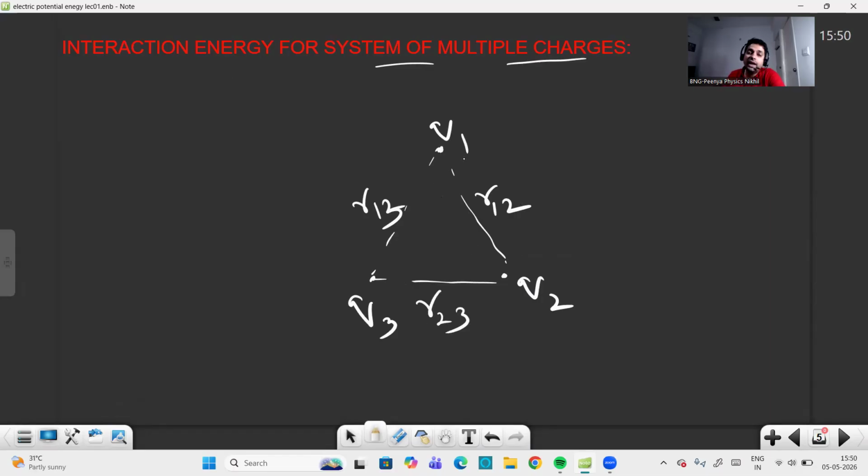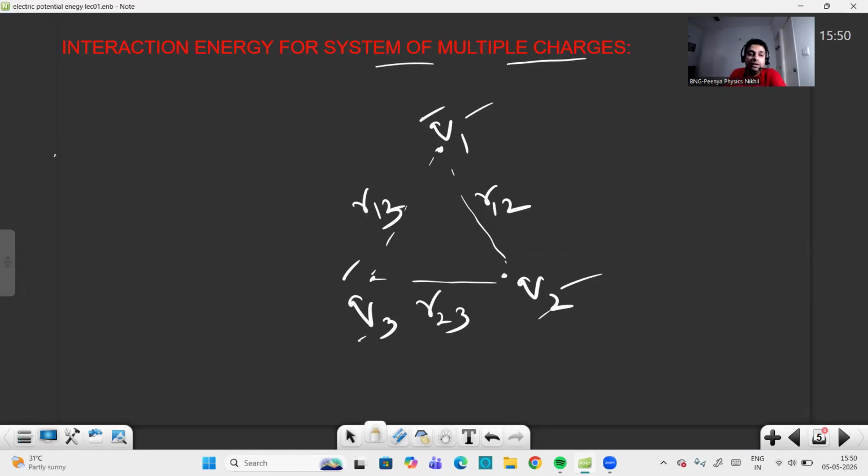And we have to find the net interaction energy of the system of charges. First we have to see how many pairs are formed. Q1 Q3 is one pair, Q1 Q2 is the second pair, Q3 Q2 is the third pair. Any other possible pairs? No, only three pairs are there.